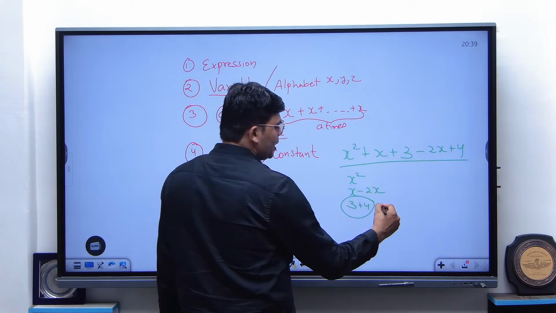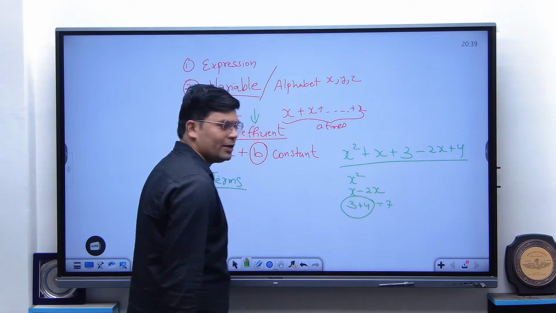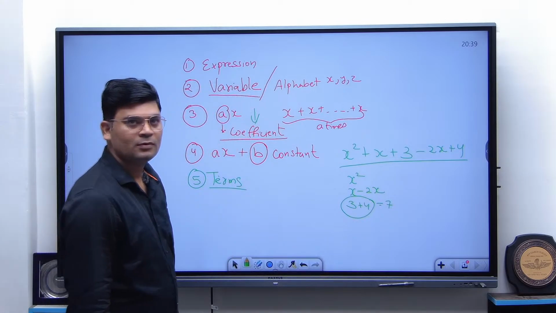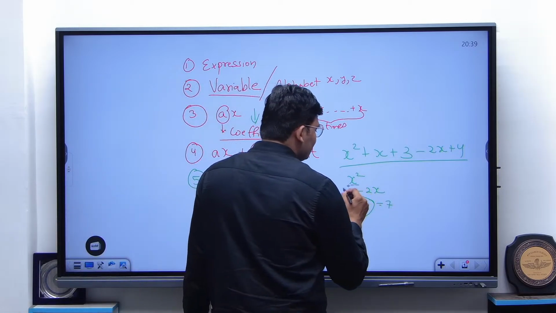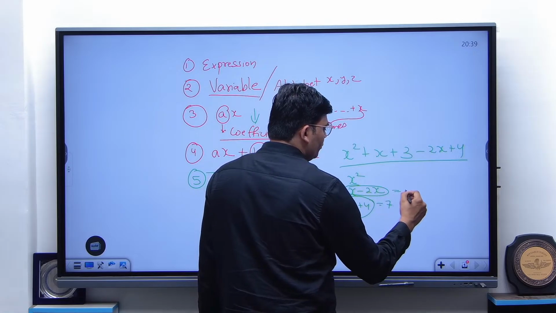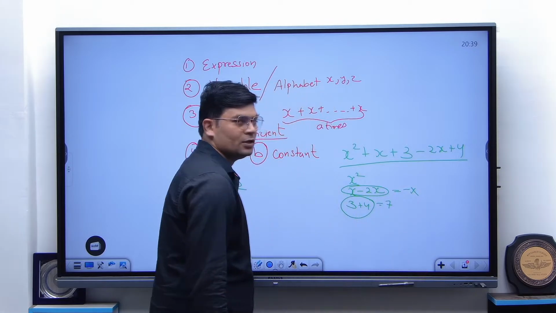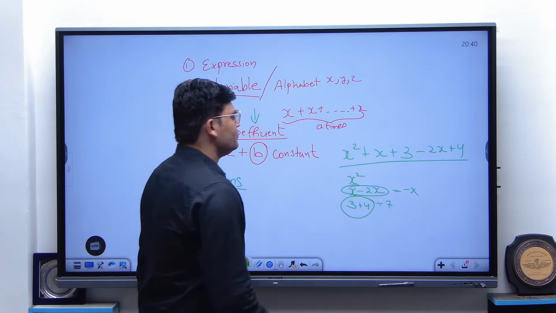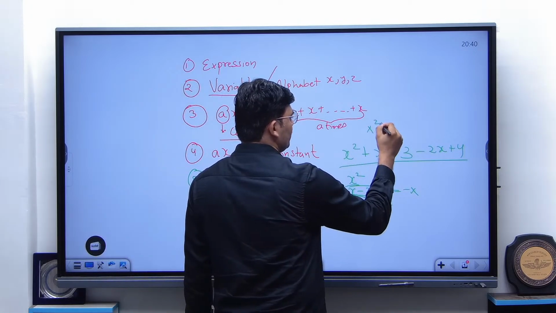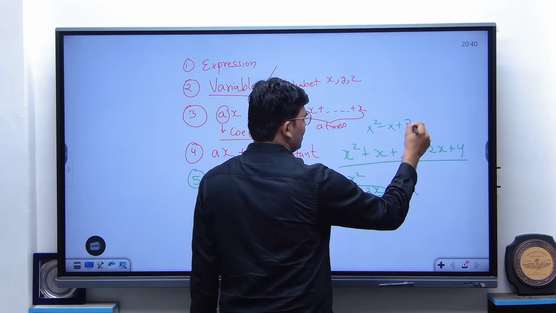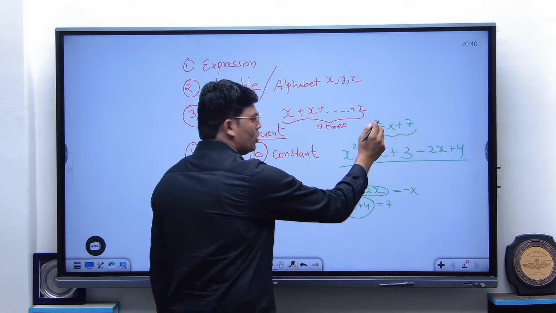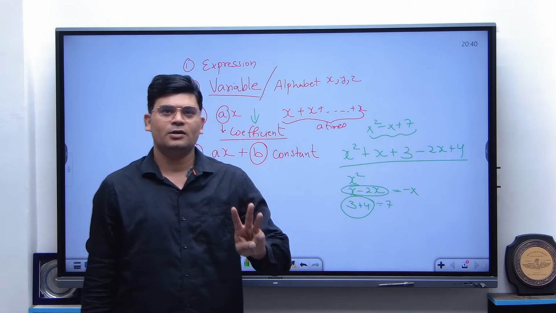But 3 plus 4 is how much, dear? This is 7. You can add them. You can also add x minus 2x, which is going to be negative x. So the final answer will be x square minus x plus 7. Now I will say that it has only 3 terms, beta, not 5 terms.